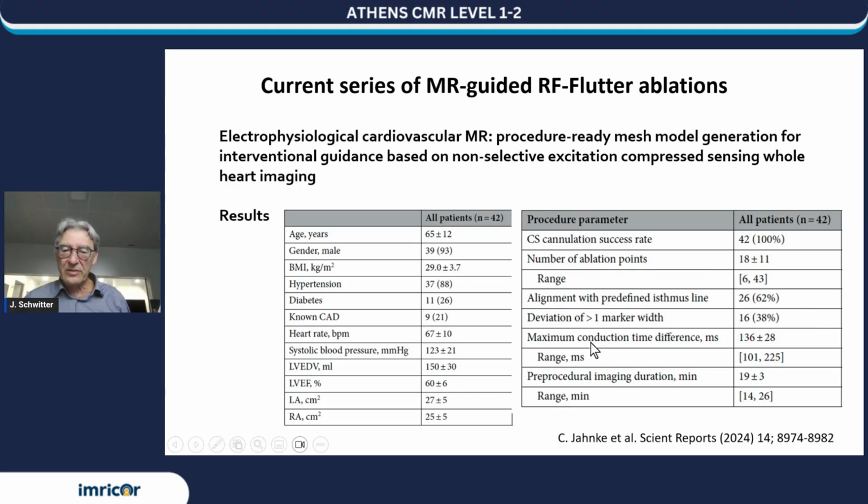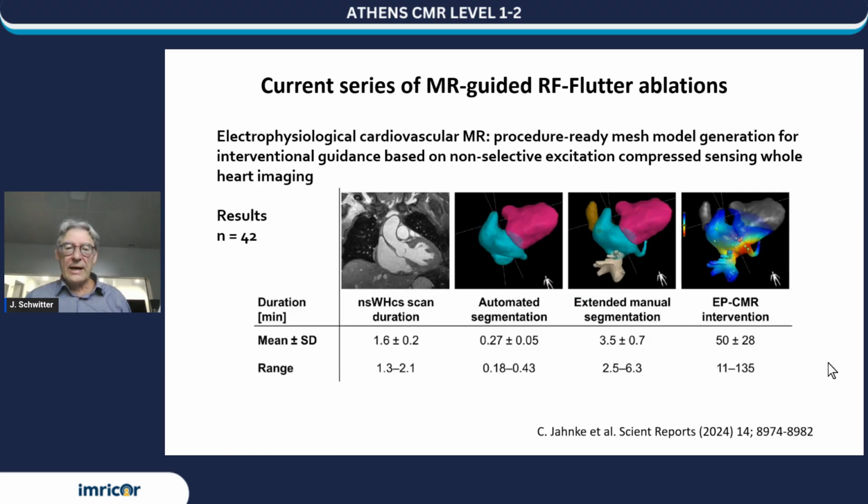And you see here the maximum conduction time difference was more than 100 milliseconds, which means that the procedures were all successful in the acute phase. And then they show that with this new acquisition, it took about 1 to 2 minutes to acquire the 3D data. It takes half a minute or so to segment it.